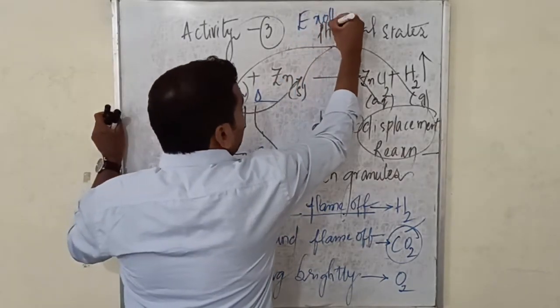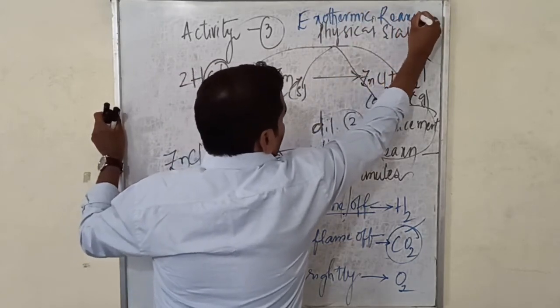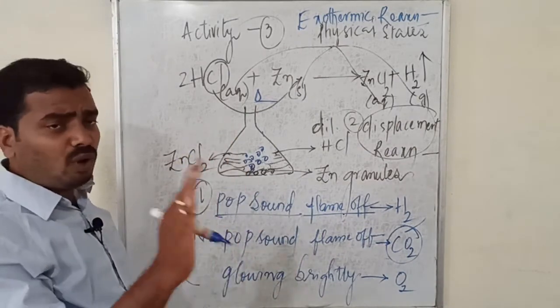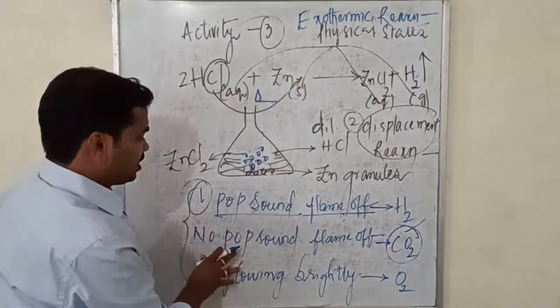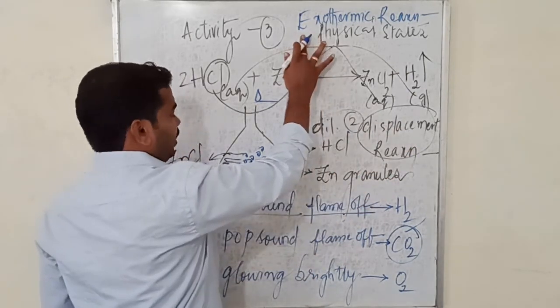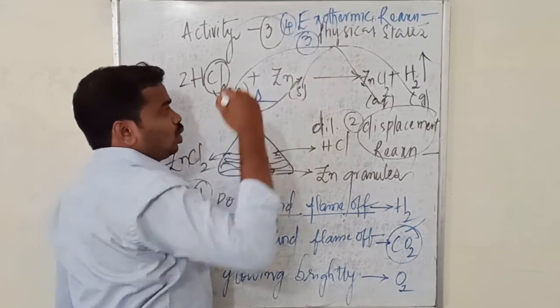Remember, it is also exothermic reaction. So all in all, we have derived four important things from this. One, it is type of gas liberated, type of reaction, what are the different types of physical states, and fourth one, it is an exothermic reaction.